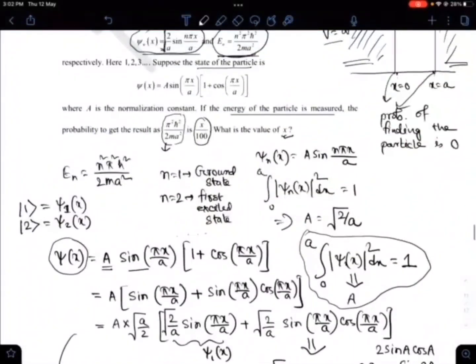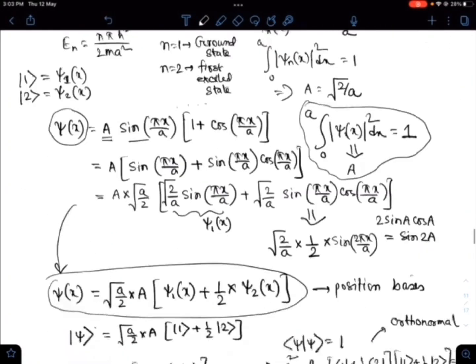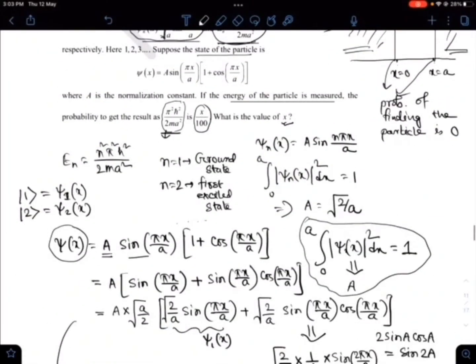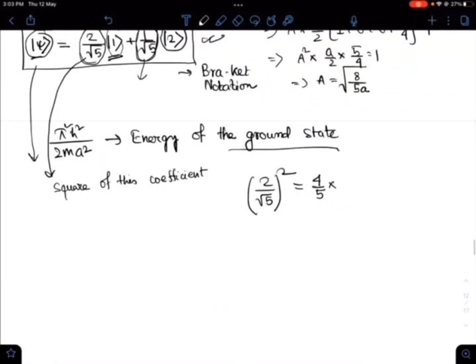So in the question we have to find the probability to get the ground state energy. The probability is the square of 2 by root 5, so it is 4 by 5. We have to find this as x by 100. So if we multiply this by 20, we get 80 by 100.